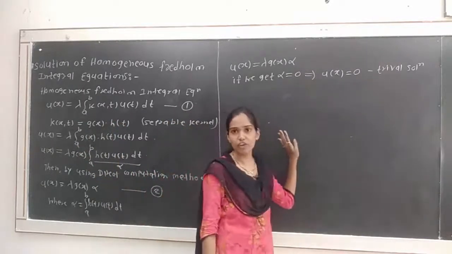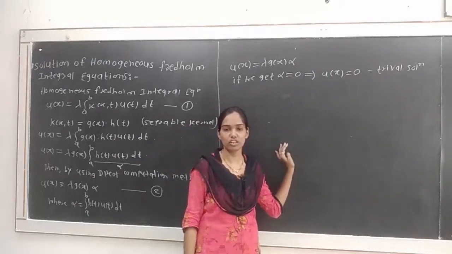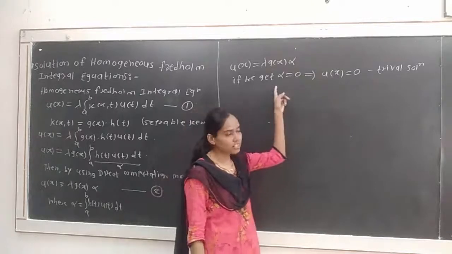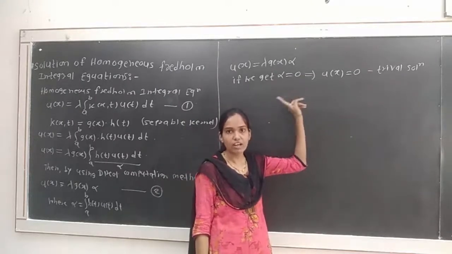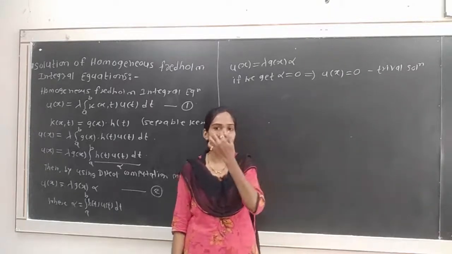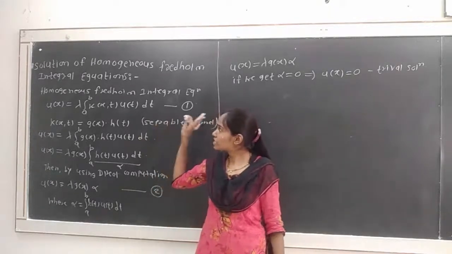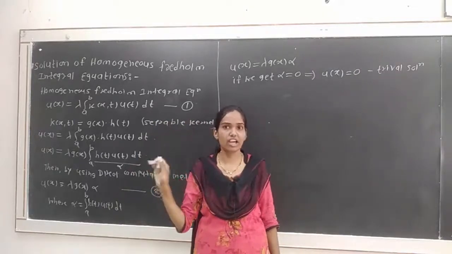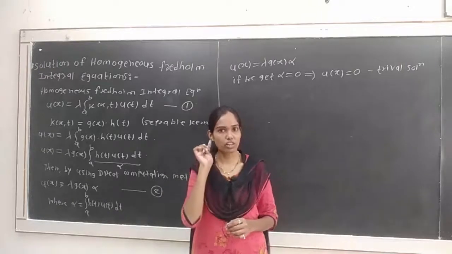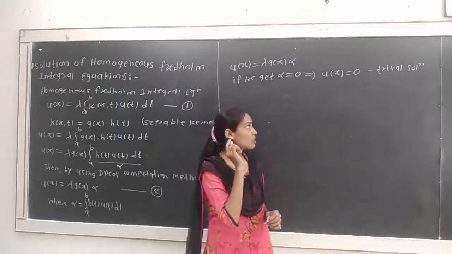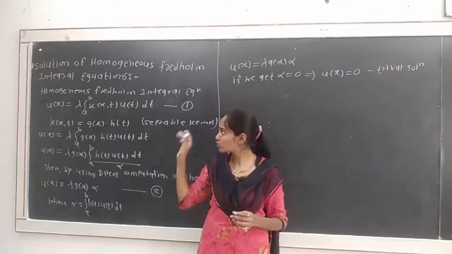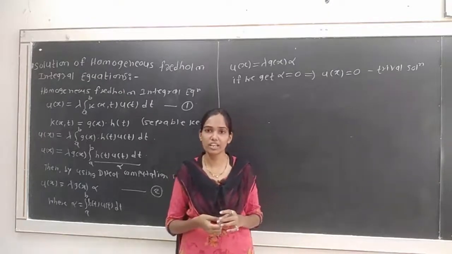But here we want to find the non-trivial solution, so we always consider the value of alpha to be not equal to 0. Note that the homogeneous Fredholm integral equation always has a solution, and the trivial solution is always a solution of the homogeneous Fredholm integral equation.